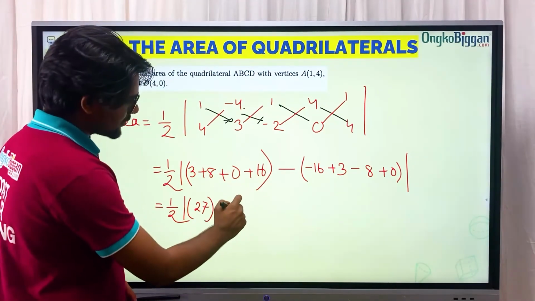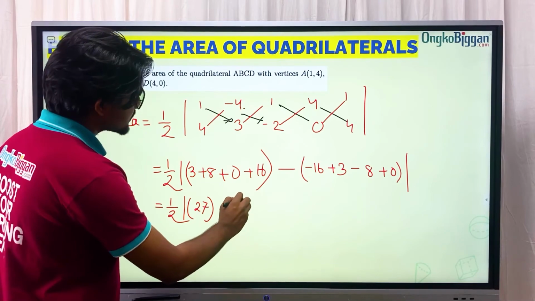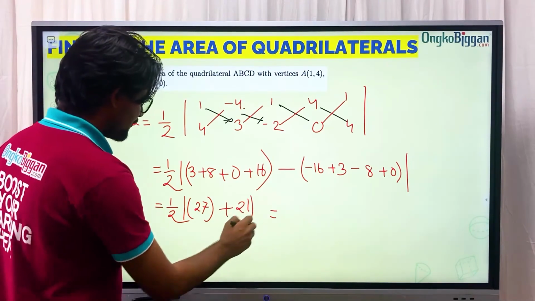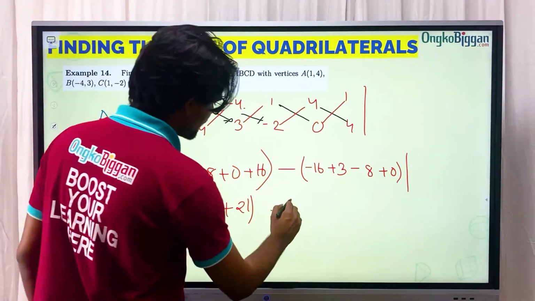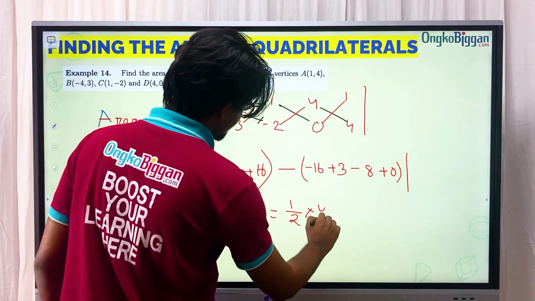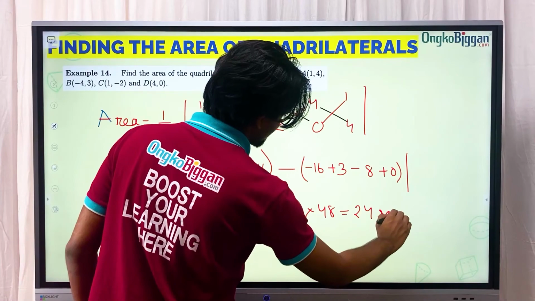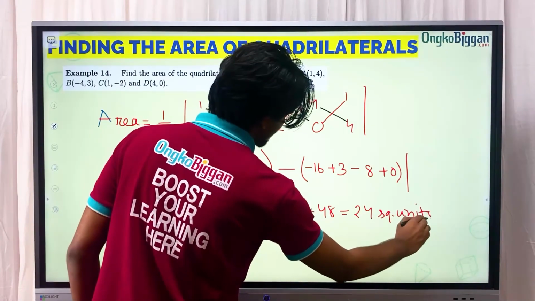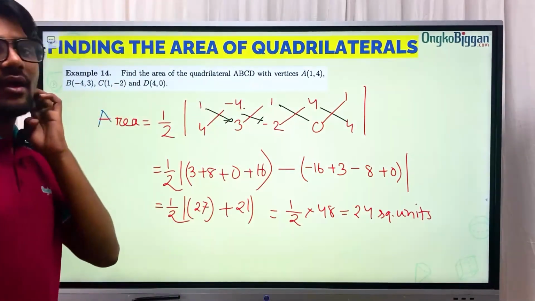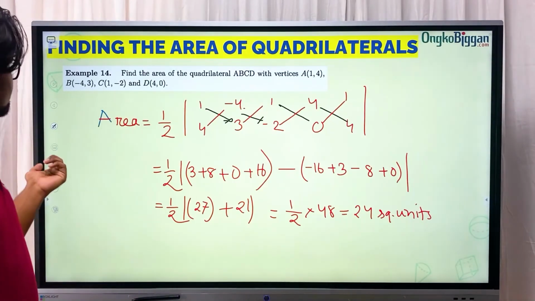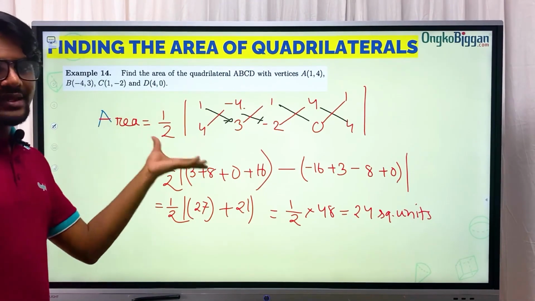But there is a minus before, so it will be plus 21. So we got half into 48, that is 24 square units. So this is the actual area of the quadrilateral. So see how easy this method is.